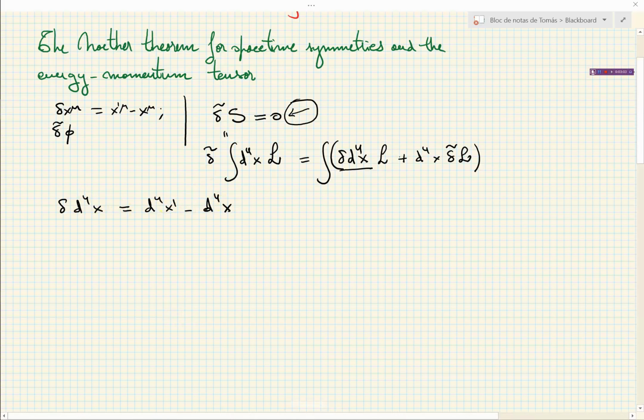And in order to see what d^4x prime is, we need to remember the definition that we gave for this volume element. So we defined d^4x as minus 1 over 4 factorial epsilon mu nu rho sigma dx^mu dx^nu dx^rho dx^sigma, where all we need to know about this exterior product of differentials is that it is antisymmetric and linear.